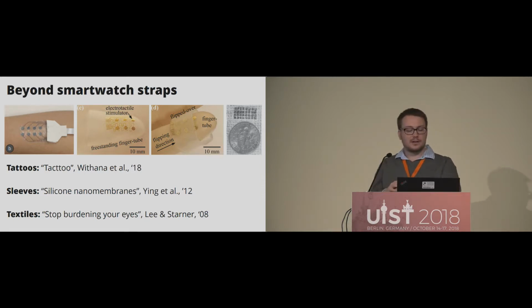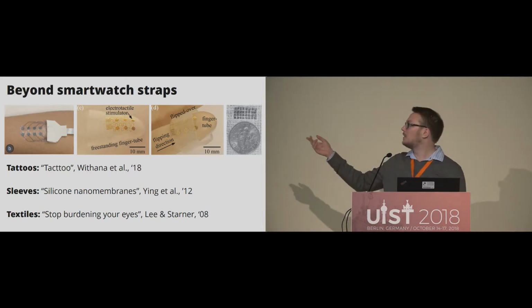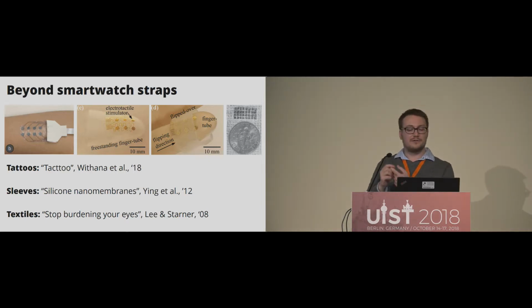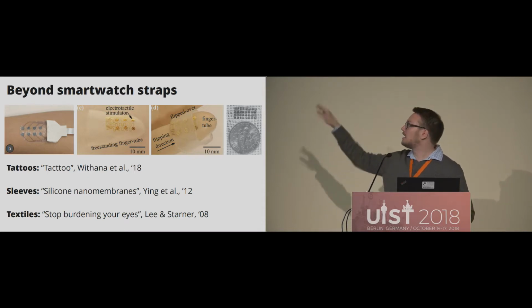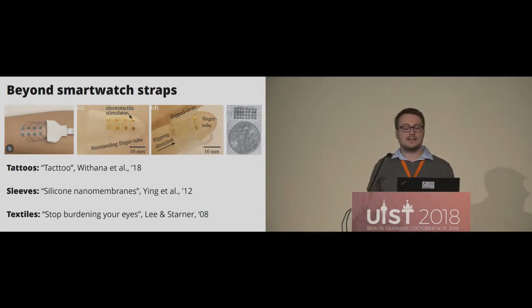You can also do thicker silicone sleeves, like there's some work by Ying et al., where they put it on the finger, but you could put a silicone thing somewhere else. And there's also previous work by Lee and Starner where they looked at integrating electrotactile electrodes into a textile substrate, and that also seems to work.